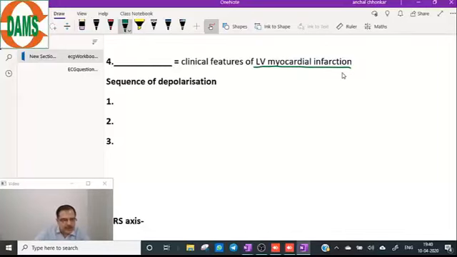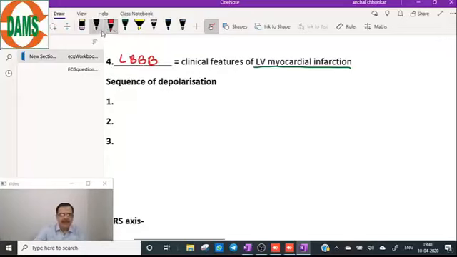So what will it do? It will cause decreased blood flow to its bundle, the left bundle. So it will be left bundle branch block. Yes, it will be left bundle branch block.